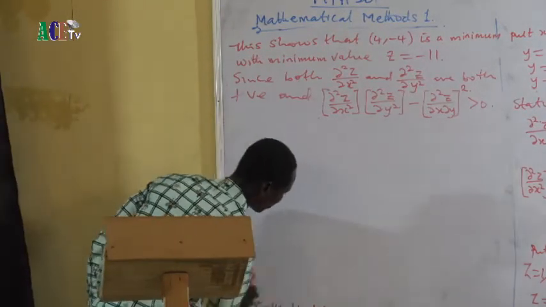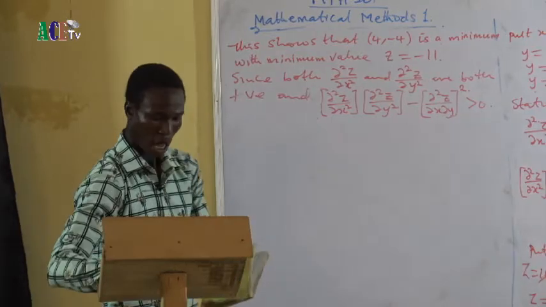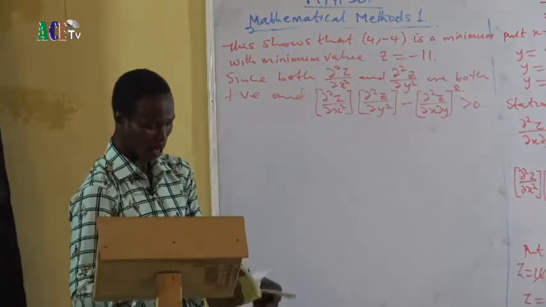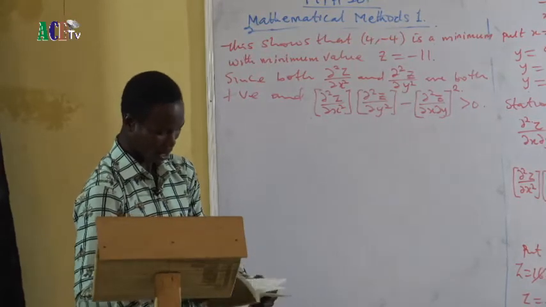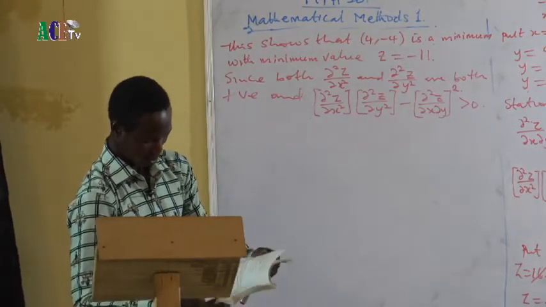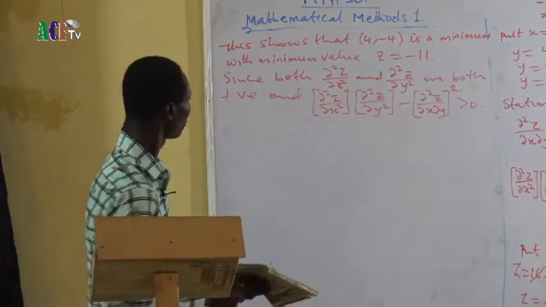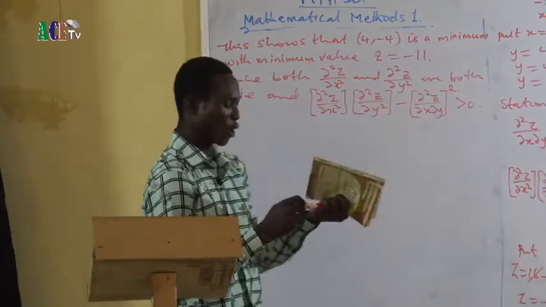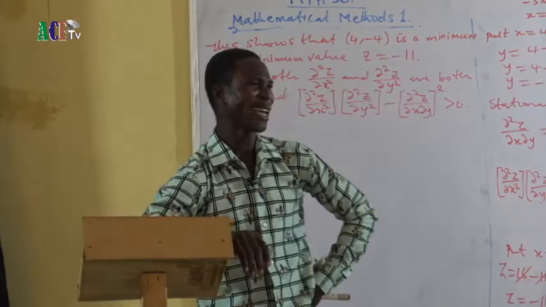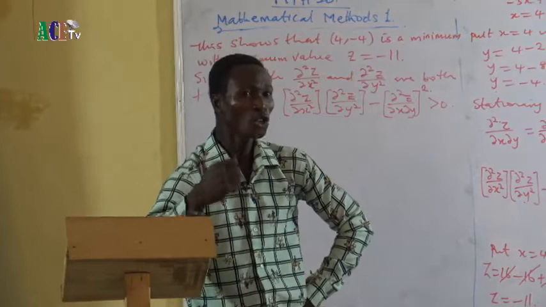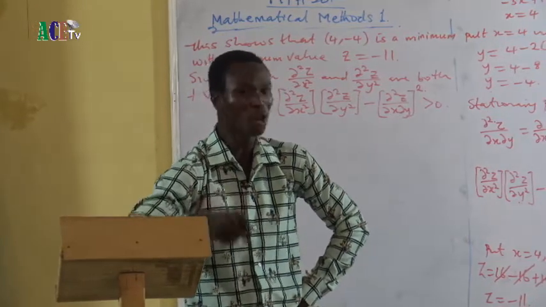Now, how can we rush the last example here? Okay, let me just do it in summary form. The reason I want to do this one is that it is possible that a function at a stationary point has no minimum or maximum.